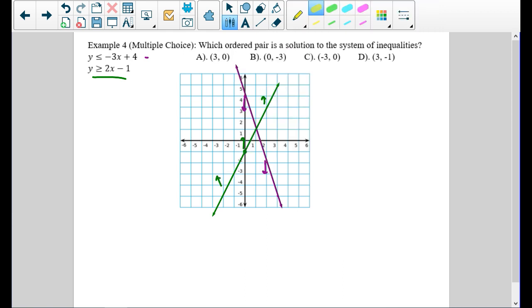What's over here on this left-handed side? So right over here, where these graphs kind of come together. All these points here in the blue shading. Now I can look at these points.